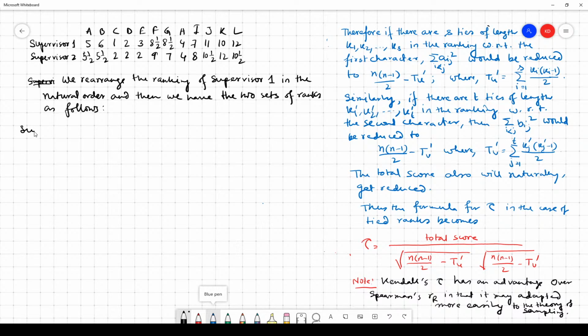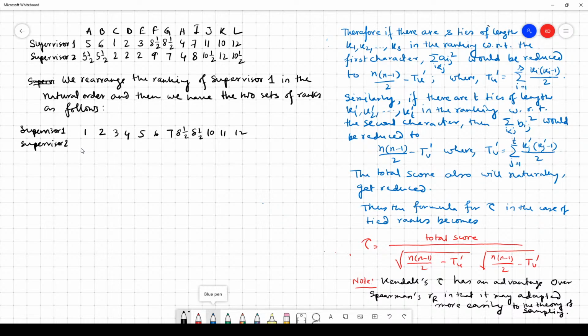This is supervisor 1 and supervisor 2. I arrange the rank of supervisor 1 in natural order: 1, 2, 3, 4, 5, 6, 7, 8.5, 8.5, 10, 11, then 12.